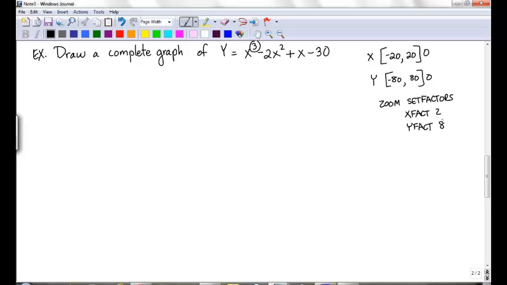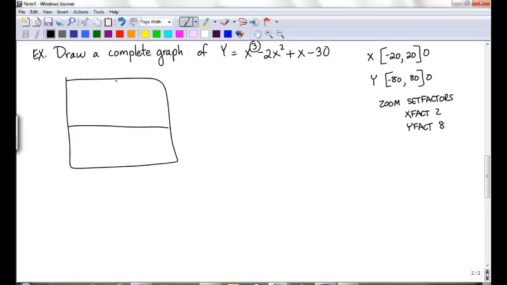Okay, and graph that. Do a little sketch of this. You're seeing something like that on your graph, right?